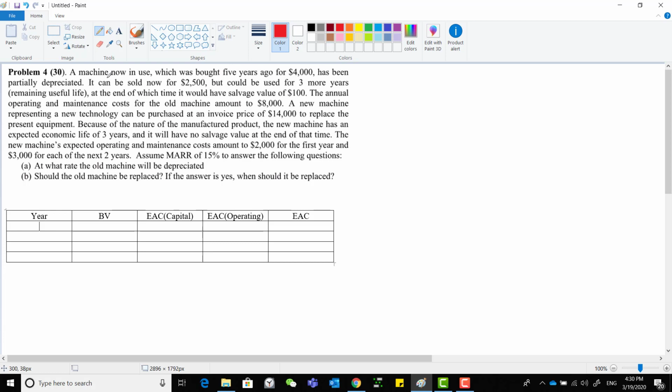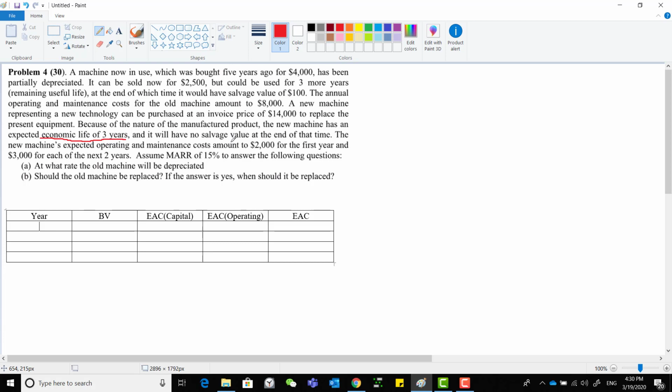And if we decide to continue using this old machine, every year it costs $8,000 for operating and maintenance. The new machine, if you want to purchase a new machine to replace the old machine, will cost us $14,000. It has already been calculated that this new machine has an expected economic life of 3 years, with no salvage value at the end of the third year.